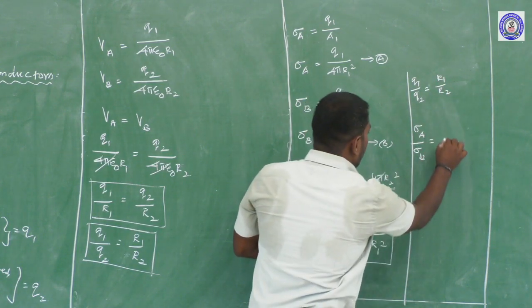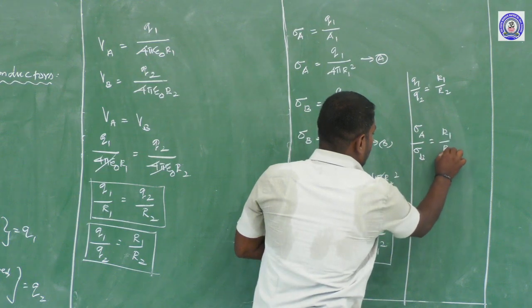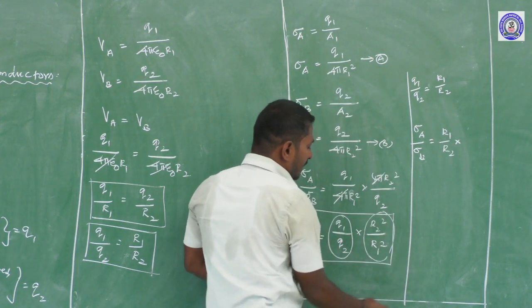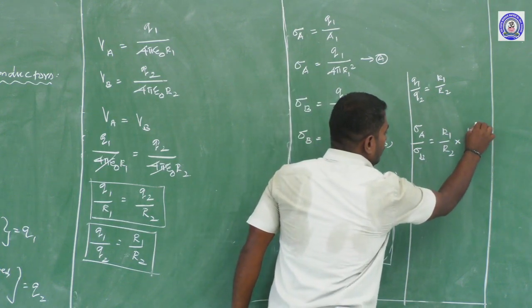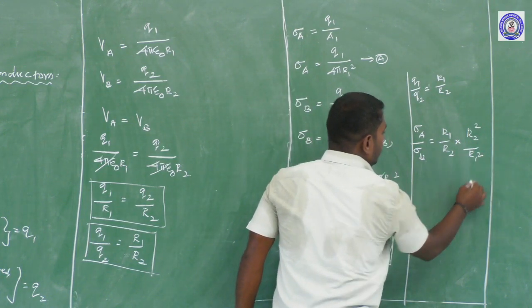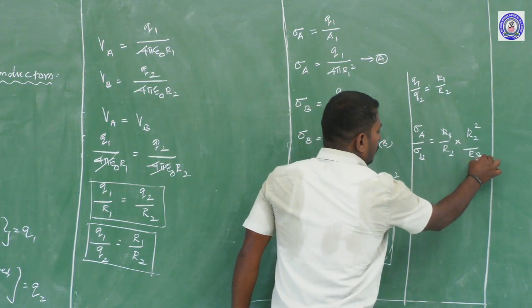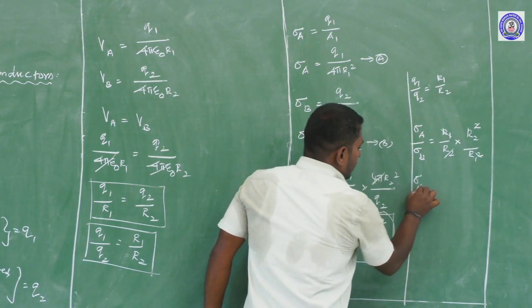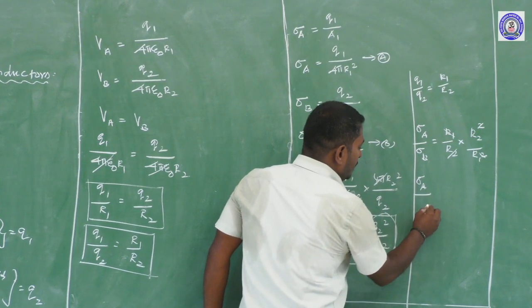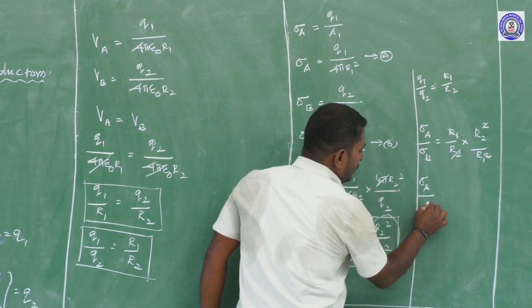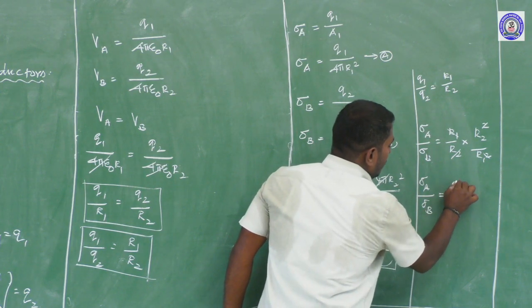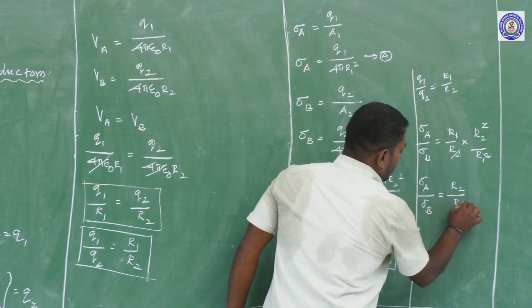Substitute here: R1 divided by R2 into R2 square divided by R1 square. R1 cancels, R2 cancels out. The ratio of surface charge density on both spheres, sigma A divided by sigma B, is equal to R2 divided by R1.